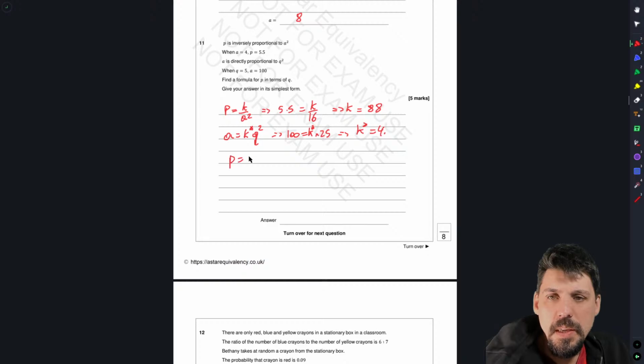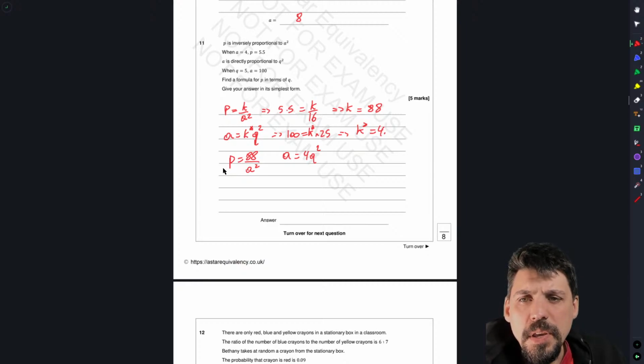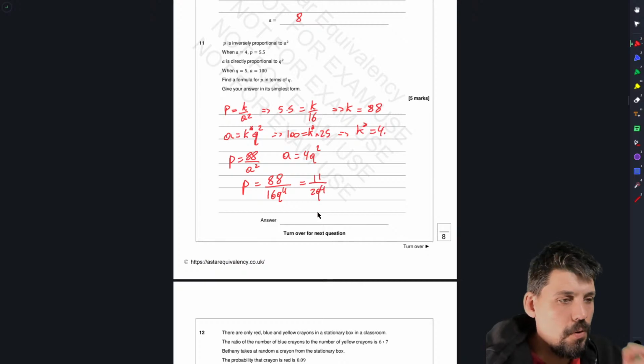So I have P is 88 over A squared, and I've got A is 4Q squared. And we want, what the? Oh, P in terms of Q. Oh, well, P is therefore 88 over 16 Q to the power of 4. We could simplify that by 8, can't we? 11 over 2 Q to the 4. Is that what we think?